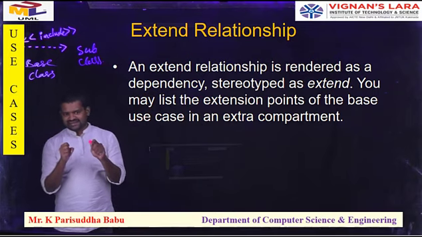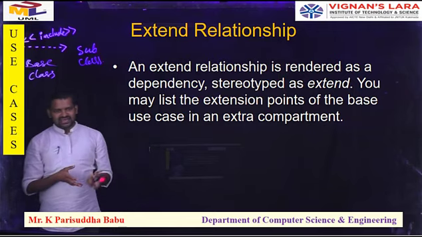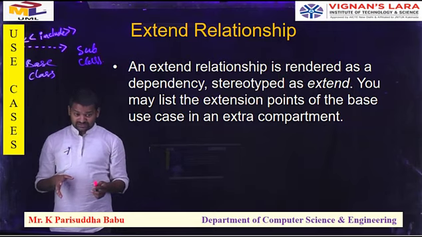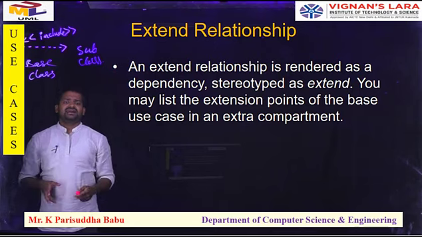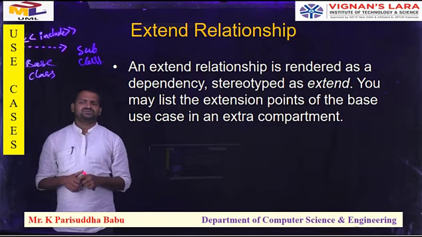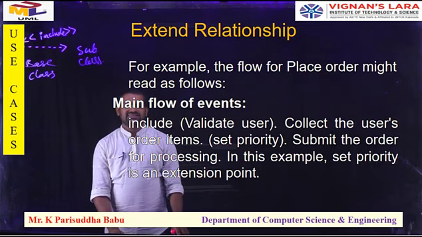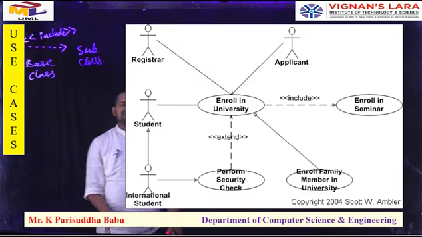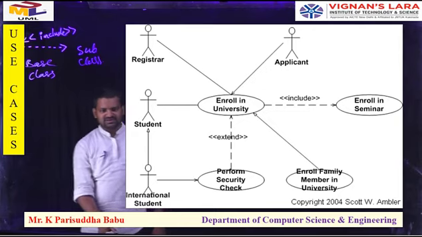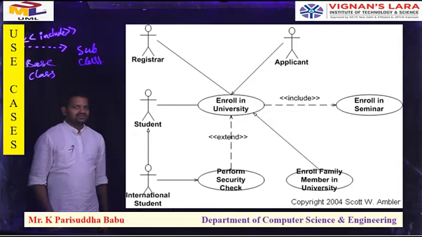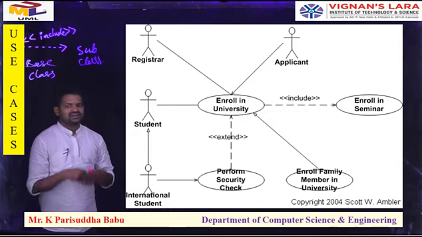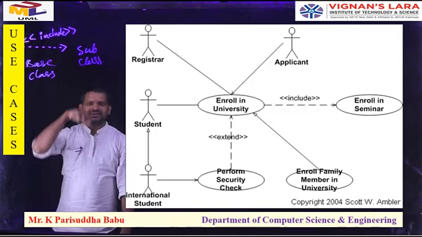stereotyped extend. You may list the extension points of the base use case and extra components also, with the help of these extensions. Okay. So see this example. This example represents different kinds of actors and different kinds of use cases.